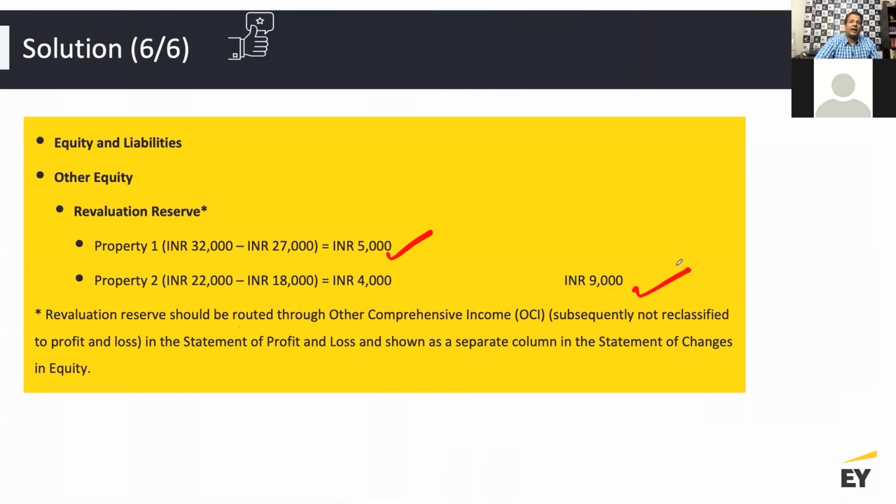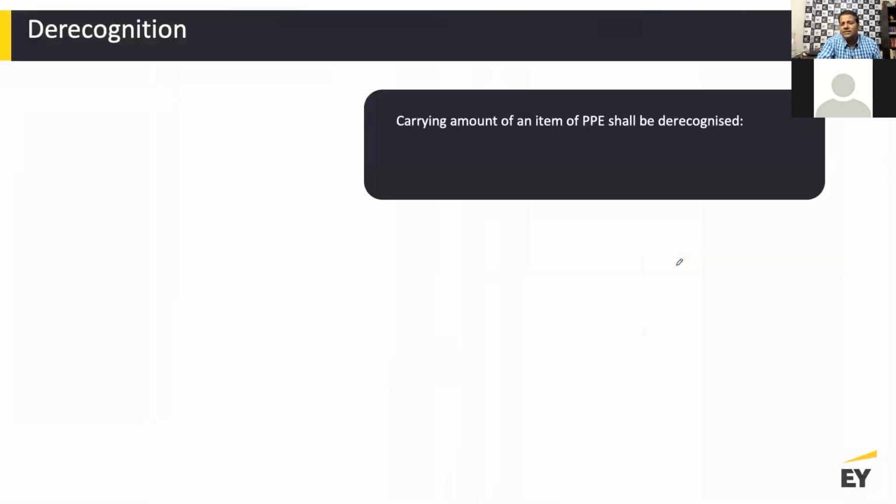Now this 9,000 goes and sits in other comprehensive income as part of the statement of changes in equity. It doesn't come into my profit and loss account. It gets into my extended P&L, on which I don't get any EPS, etc. So this will be recorded as 9,000, which will impact my future depreciation, but that is not required here for me to consider as an answer, right?